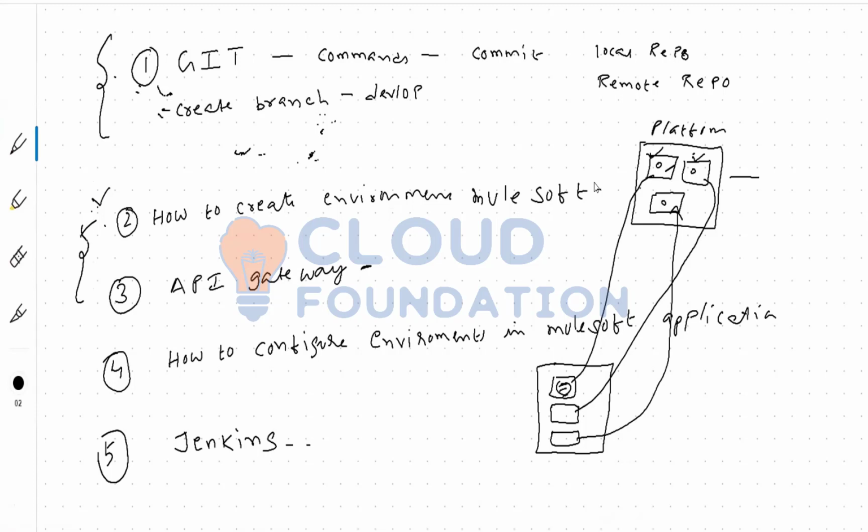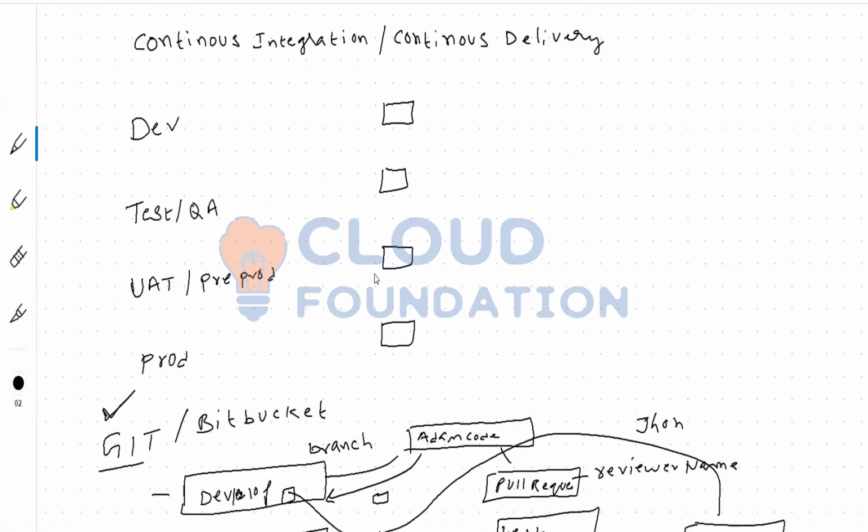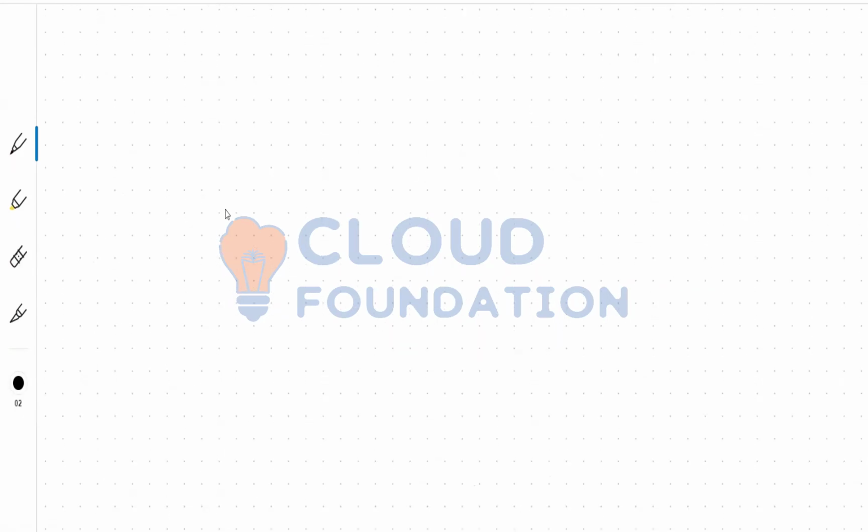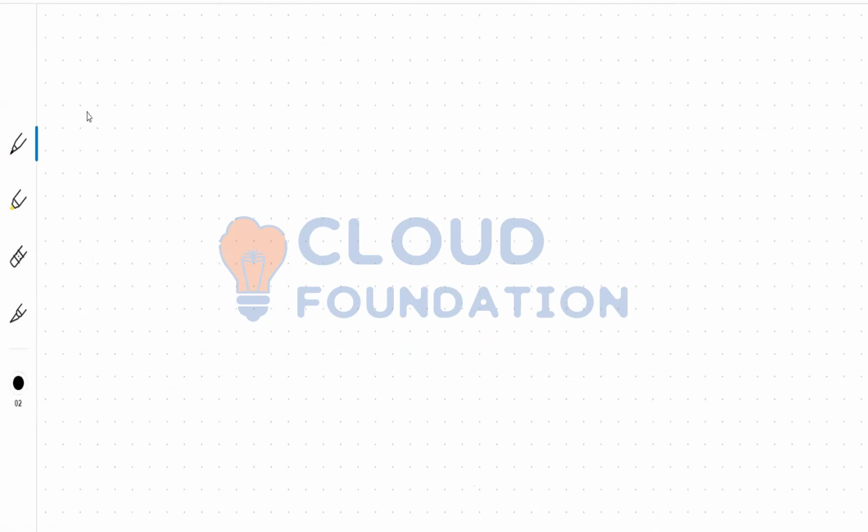Thank you. So the next step is you need to learn about API gateway. So what is API gateway? This is a little interesting, little important concept. When you are developing your applications, suppose you're developing some application.